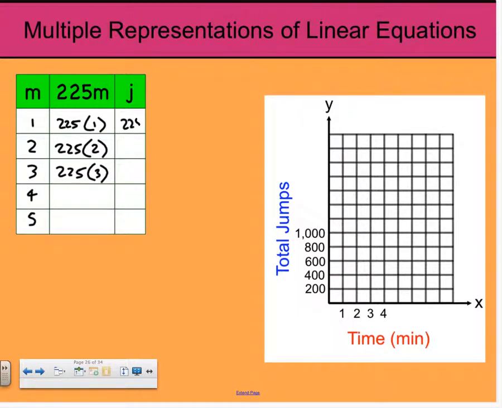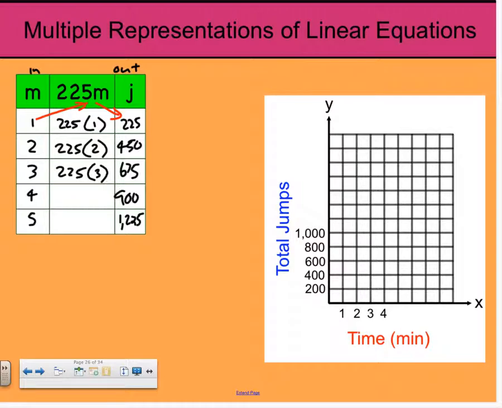This will be pretty easy: 225, then 450, then 675. 225 times 4 is going to be 900, and times 5 is going to be 1,125. So we were able to make a table using this equation. It's almost like an input-output table. I put the number 1 in for M, and what I get out is the number of jumps.